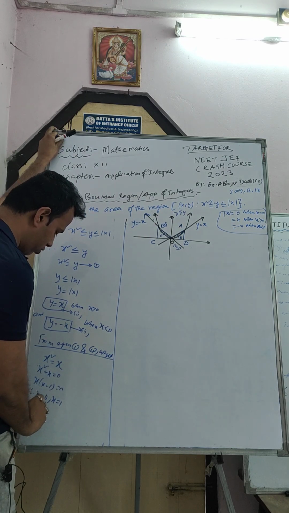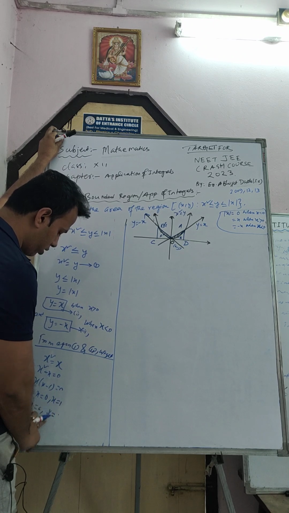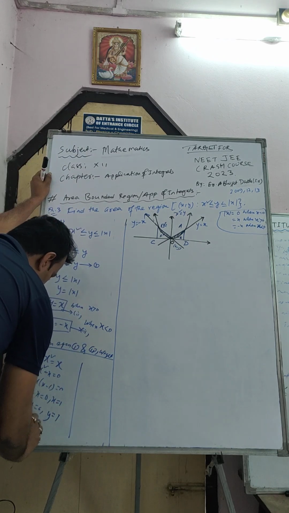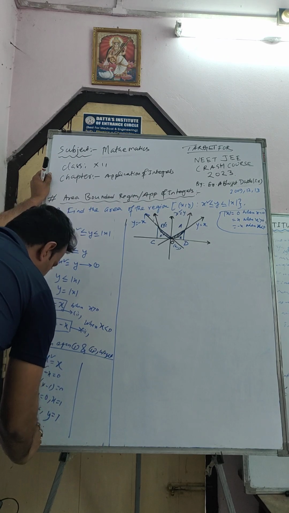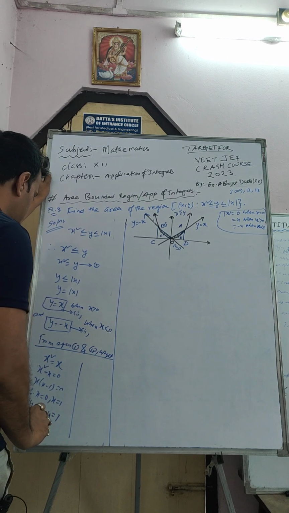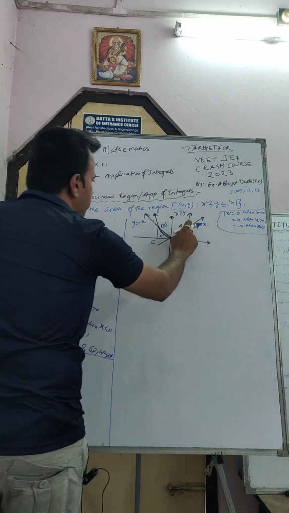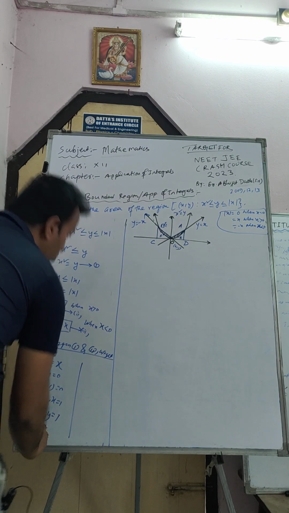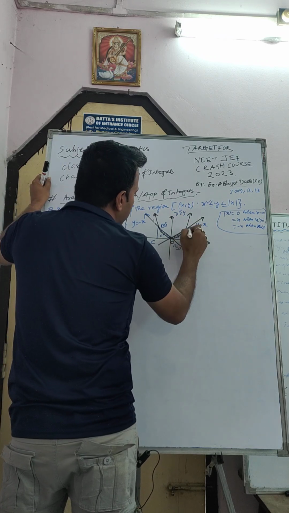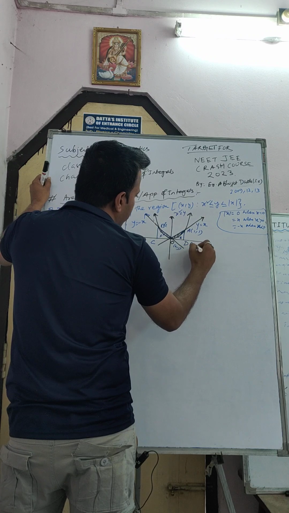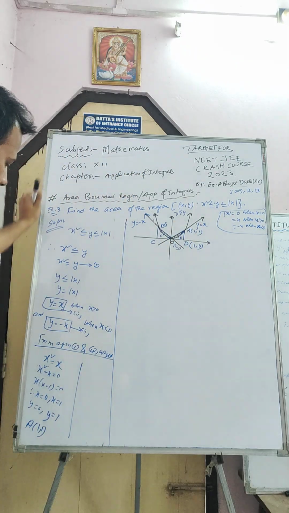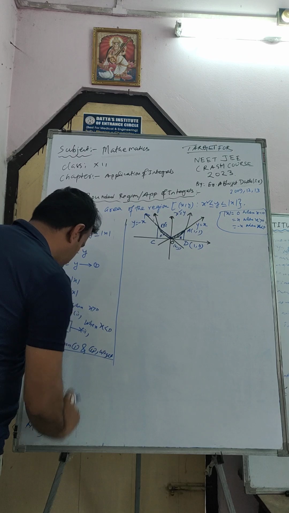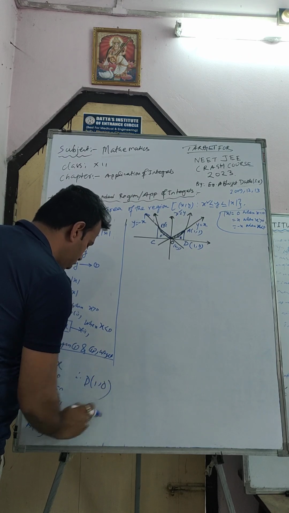If x = 1, then y = 1. Oh, sorry, this will be A. The coordinate of A will be (1, 1), and the coordinate of D will be (1, 0), since this one is perpendicular.